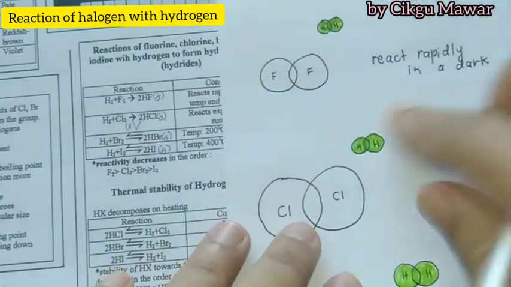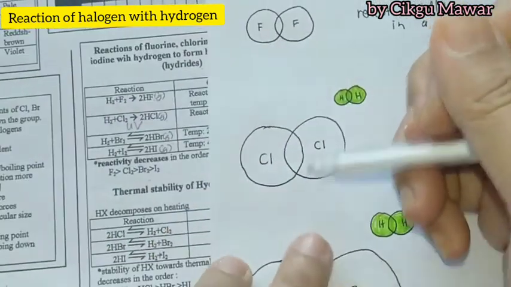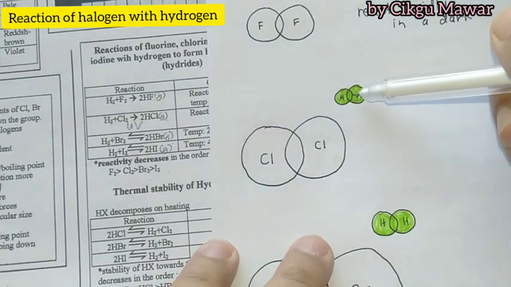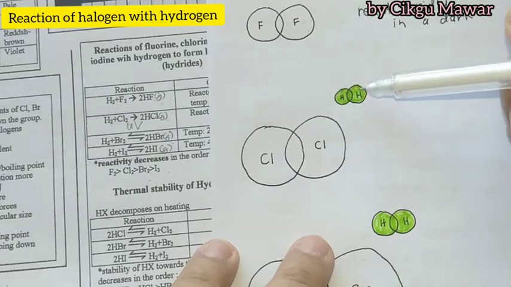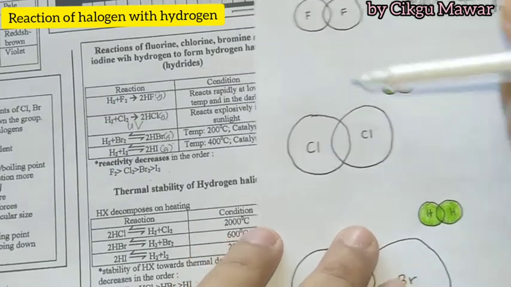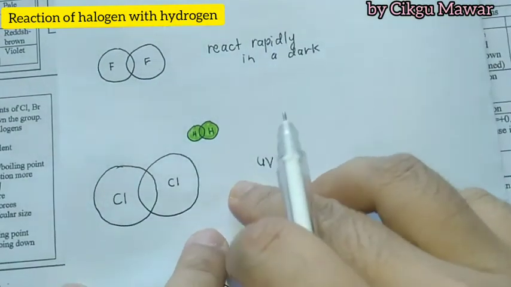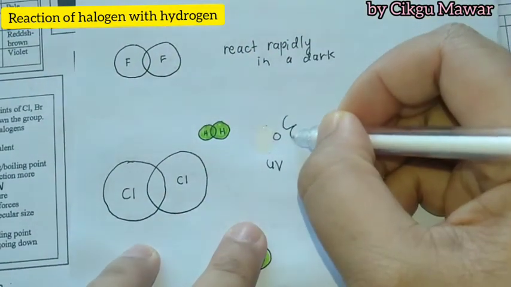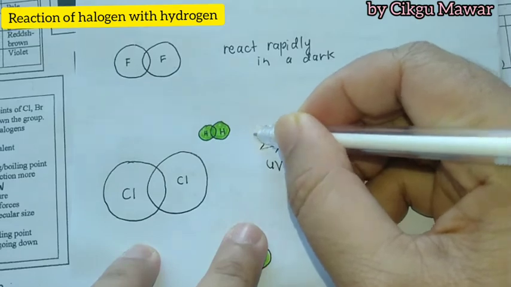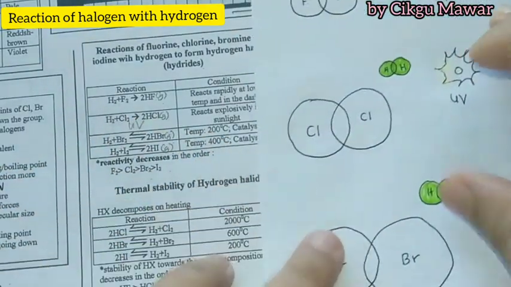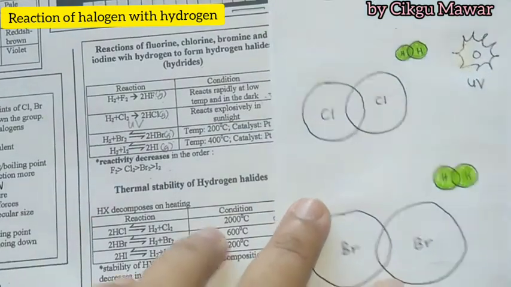The second one is chlorine, which is larger in size compared to fluorine, but it can also react with hydrogen. It is able to receive the hydrogen, but it must have UV light. With the presence of UV light, which is sunlight, it will react explosively.